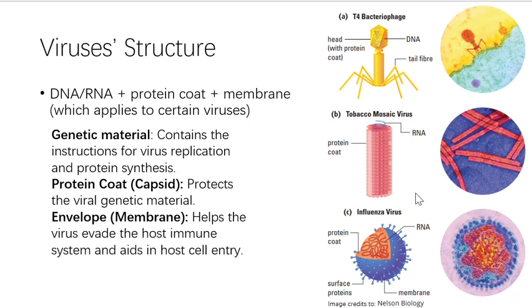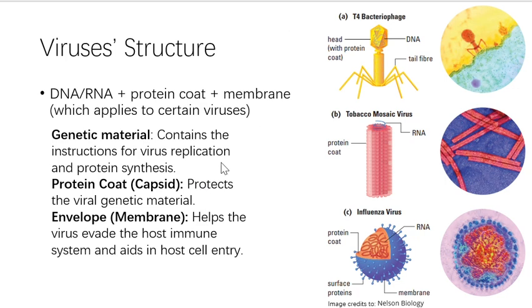If you examine the simplified diagram carefully, you can see that viruses normally contain three main components, which are genetic material, protein coat, and envelope. The genetic material of a virus can be either DNA or RNA, and it contains the instructions for virus replication and protein synthesis.